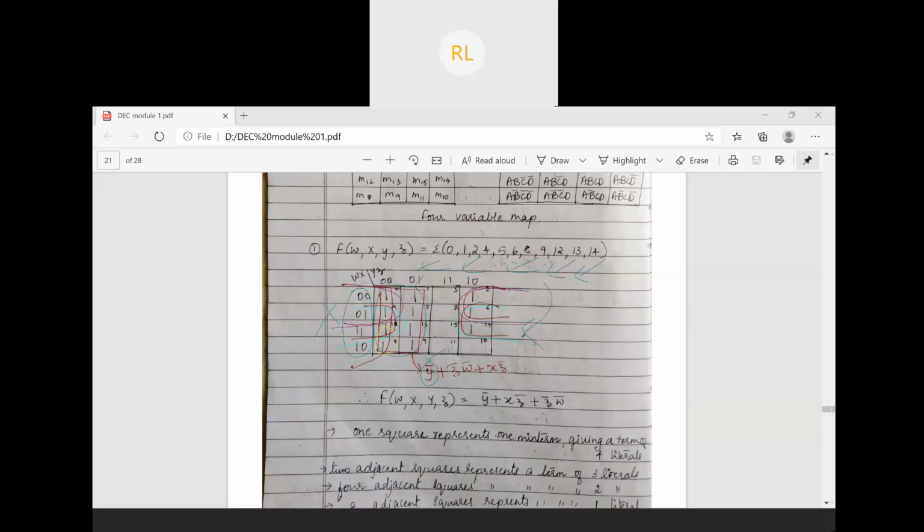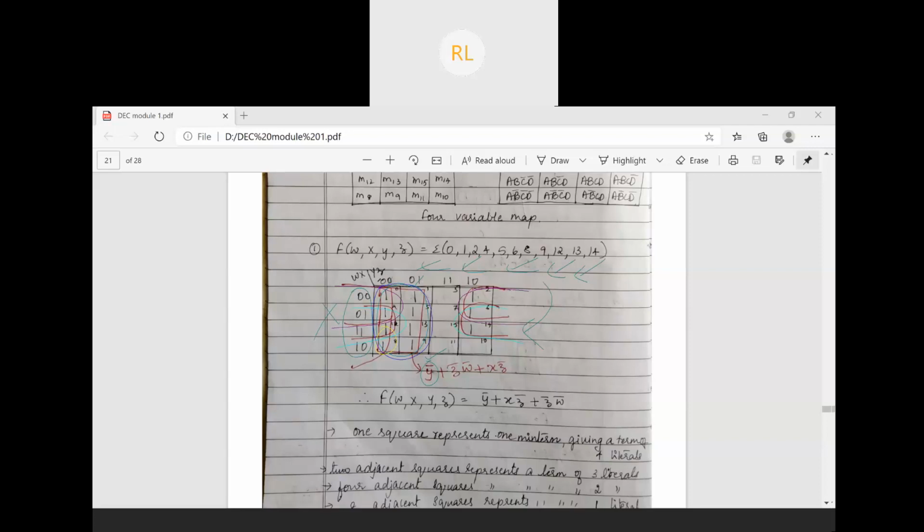Now, the one here is not grouped with anything, but we have already covered this one in the full big one that we took.